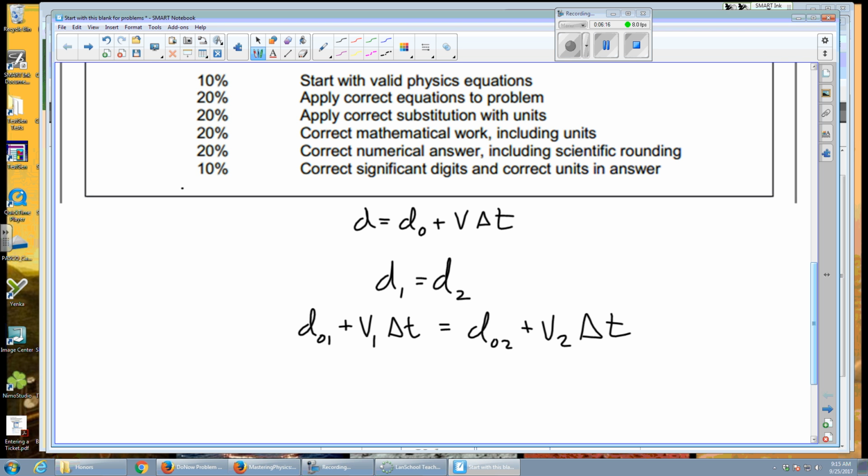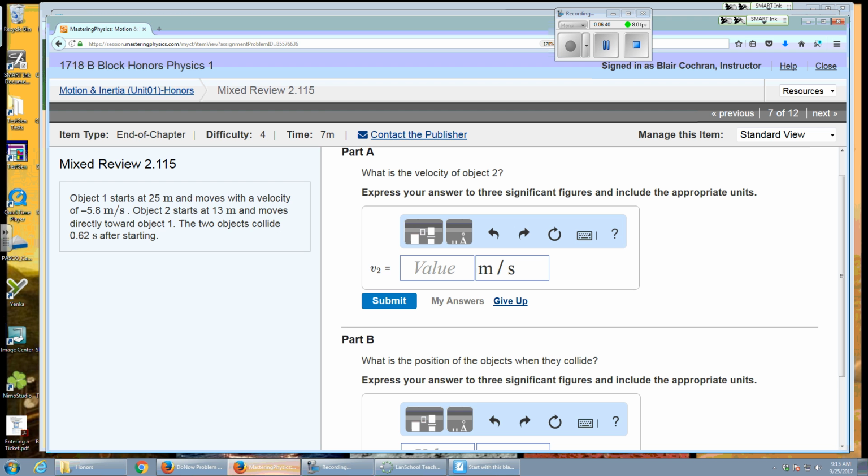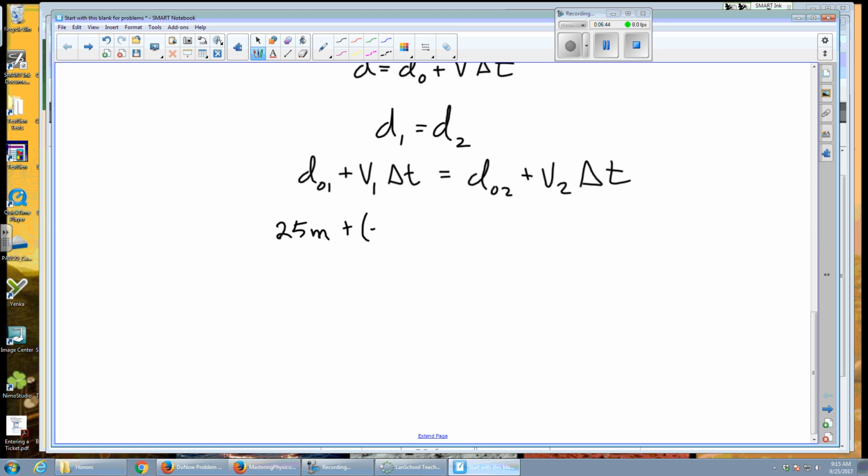Would you be more comfortable if I manipulated this algebraically right now, or if I put in the numbers and then we did algebra? Which would make you guys mathematically more comfortable? Put in the numbers at this point? Okay. All right, so this was 25 meters plus negative 5.8 meters per second.